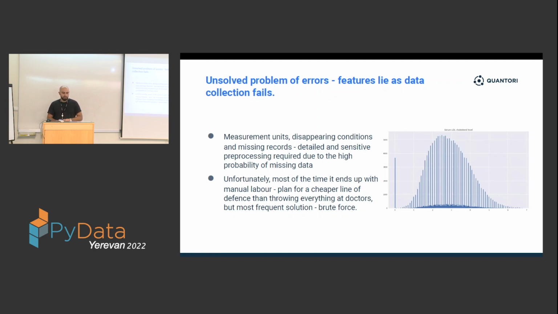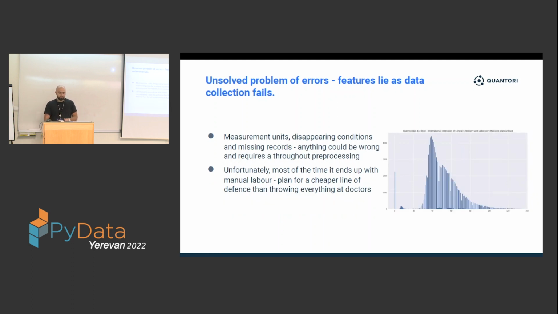It's sometimes very complicated to find whether it's a real mistake or just a natural outlier. Here are several distributions for different features, and it's sometimes not obvious how to work with them.